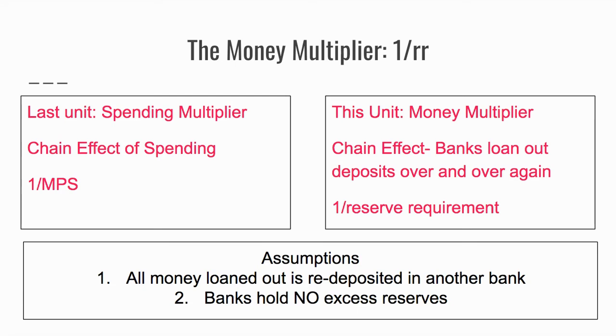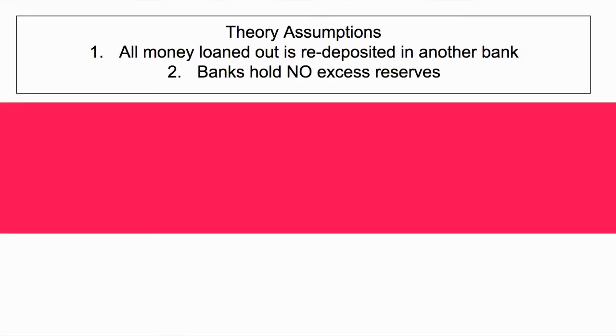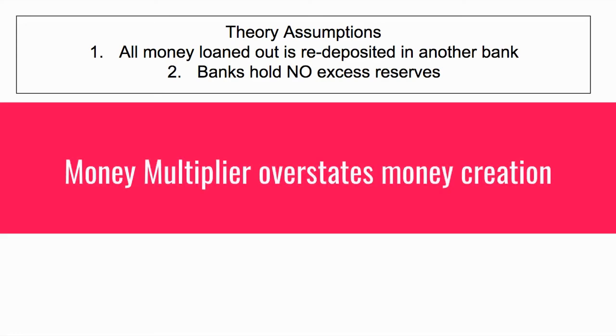Think for a second. You ready for the answer? Well, I'm moving on anyway. The money multiplier overstates money creation. With these theory assumptions, it's going to overstate money creation.